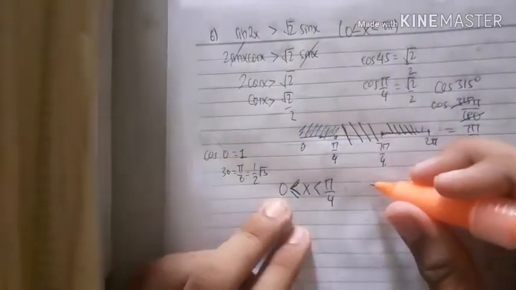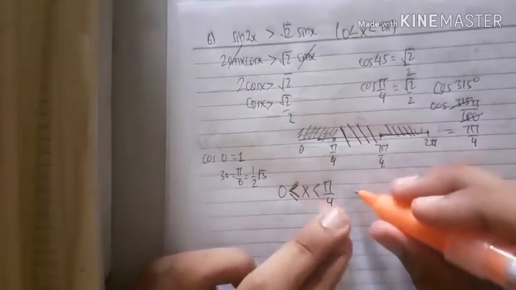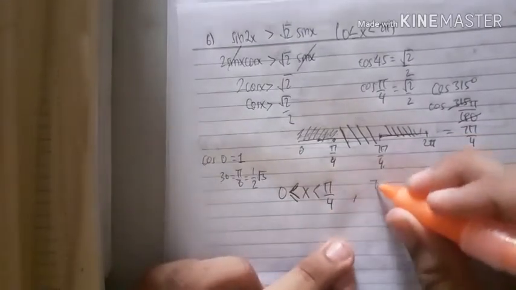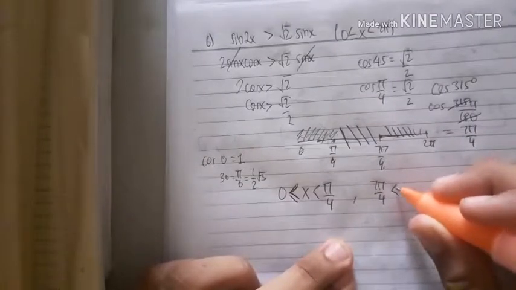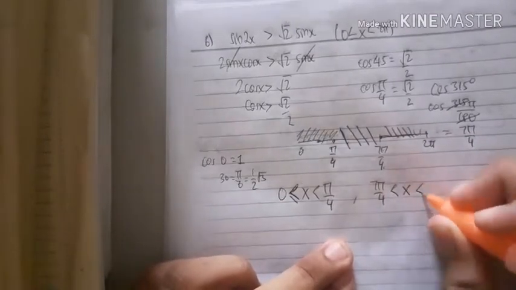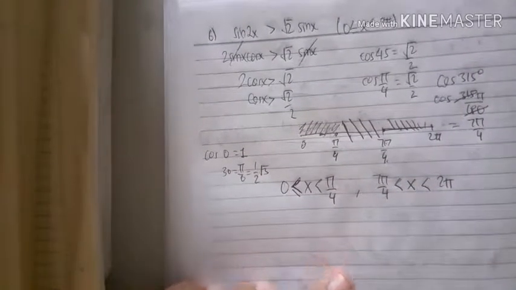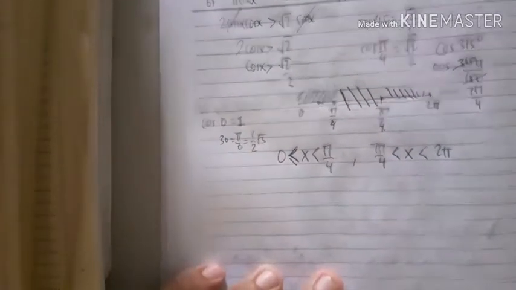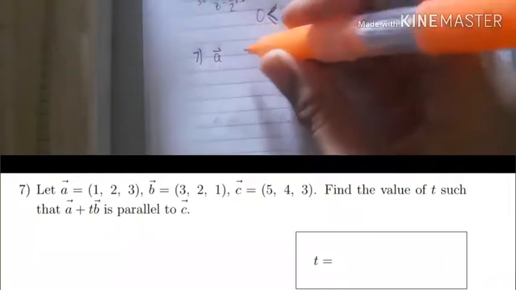So that is 0 less than or equal to x less than pi over 4, and the interval of 7 pi over 4 less than x and 2 pi. So that is the solution for the trigonometry inequality. And now for number 7, we have a vector question.